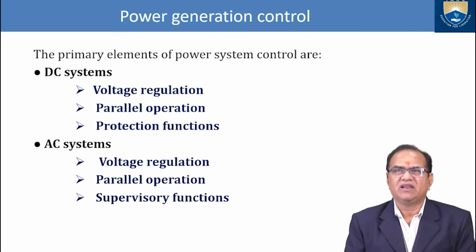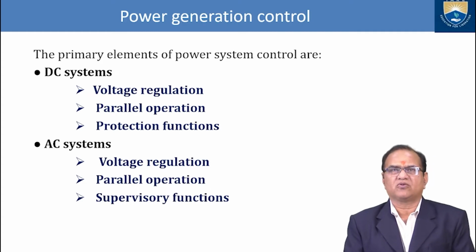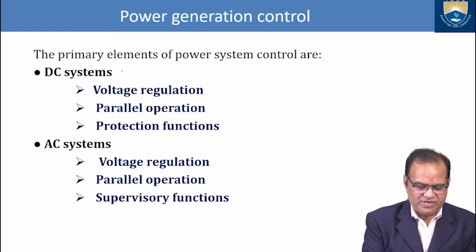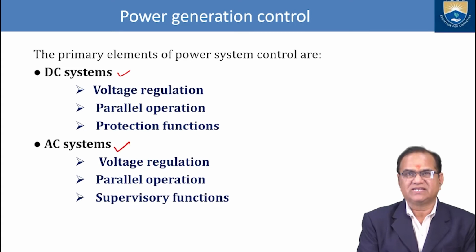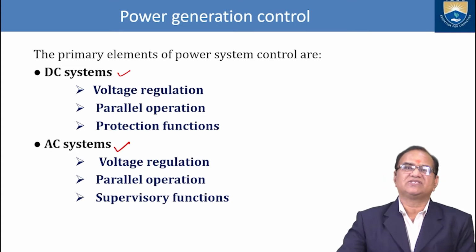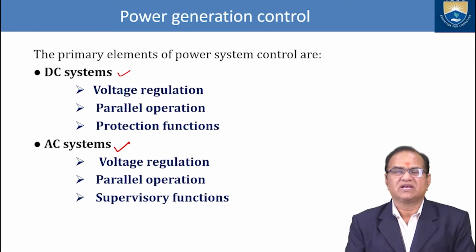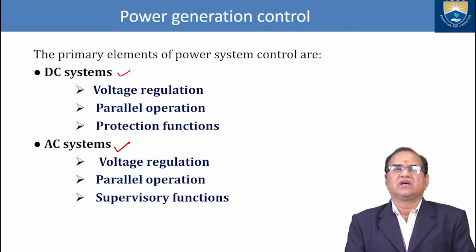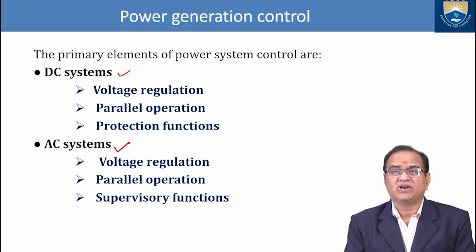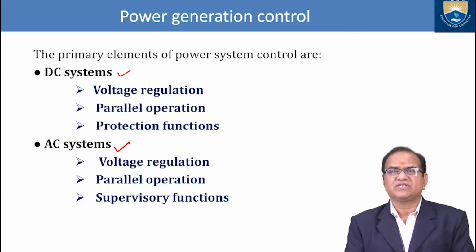The primary elements of power system control are DC systems and AC systems. We can divide them into 2 groups. One is the DC system, another is the AC system. So, how do these DC and AC systems work? These are the voltage regulations. In the DC system, we have to have voltage regulation, parallel operations, and protection functions.